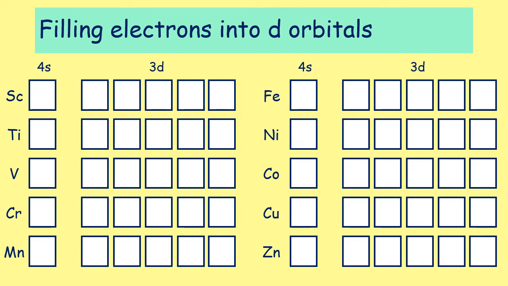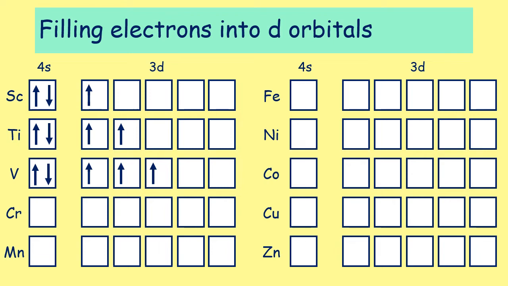So scandium is the first element in the D block, so it has its two 4s electrons. Do not forget the 4s electrons, and then we have one electron in the D orbitals. Titanium, second, very easy. Vanadium, 3.